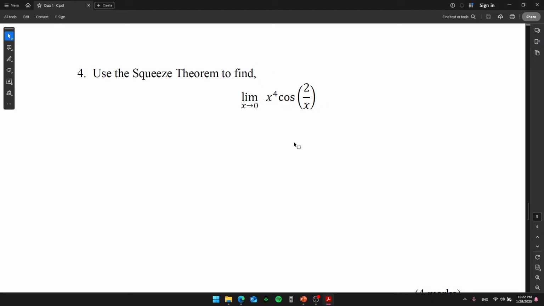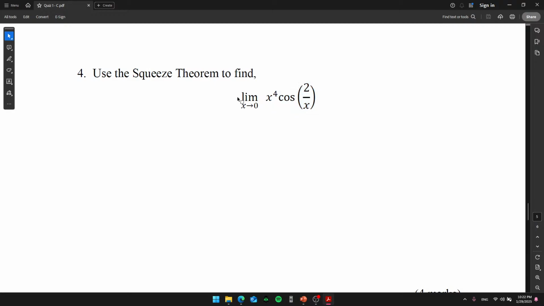I'll give you the idea of each question just in case. This one is the squeeze theorem. We already solved many questions about it. You have to squeeze one of these functions, either x to the power 4 or the trig function cosine 2 over x.